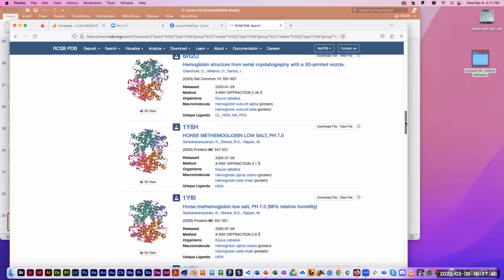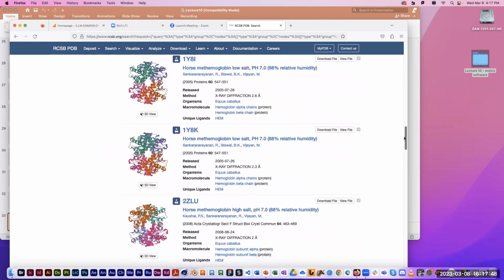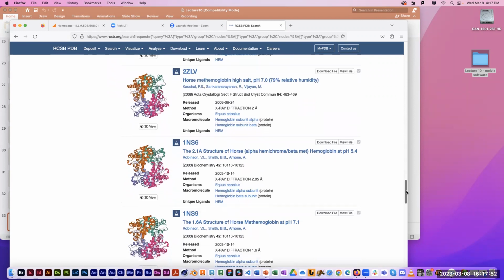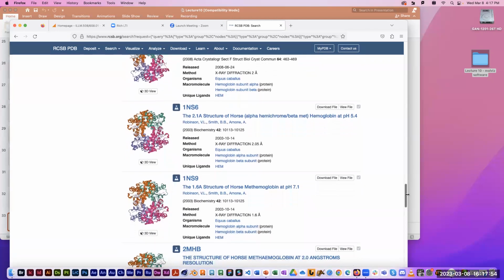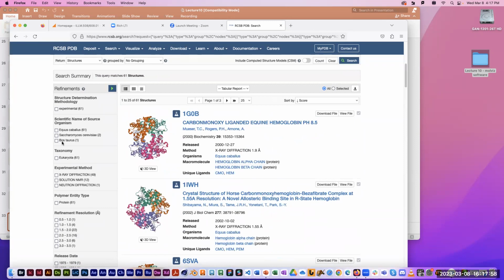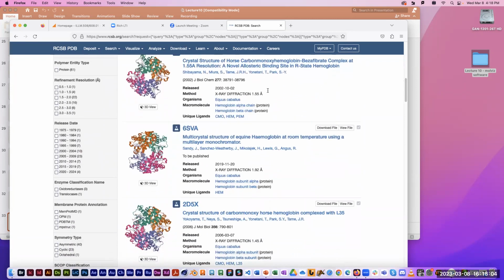You can also narrow it down by date, in which case we could definitely narrow it down to his horse hemoglobin. Let's do that. Let's narrow it down. So Equus caballus, X-ray diffraction. Notice here you can refine the models by their resolution in angstroms.